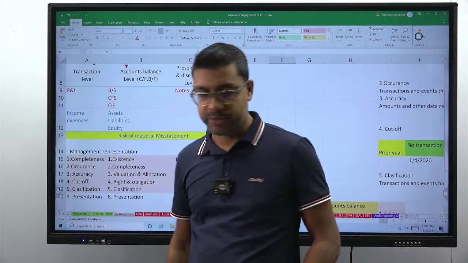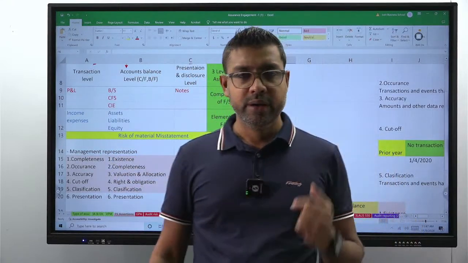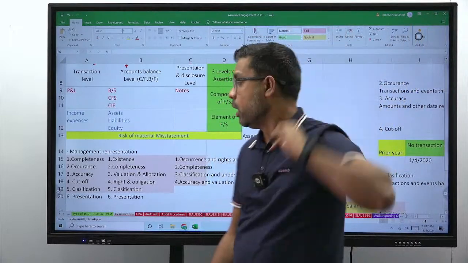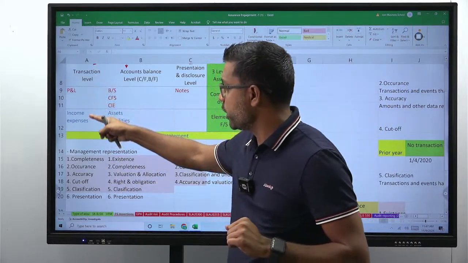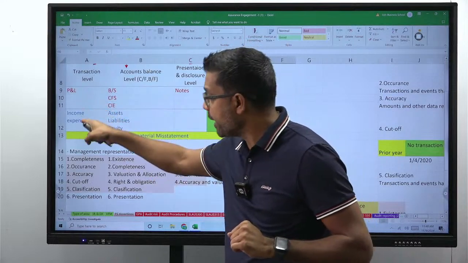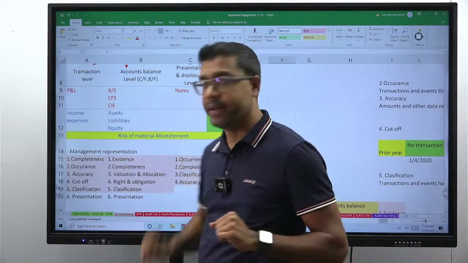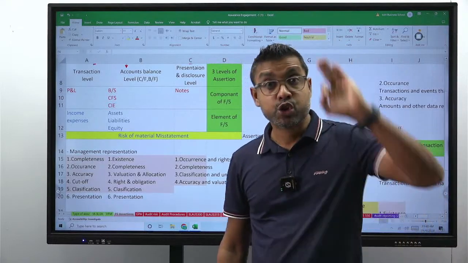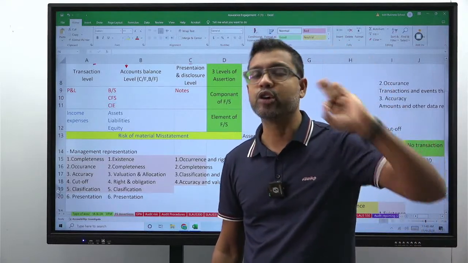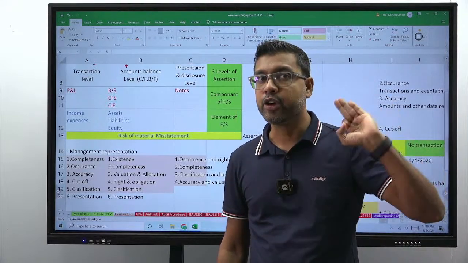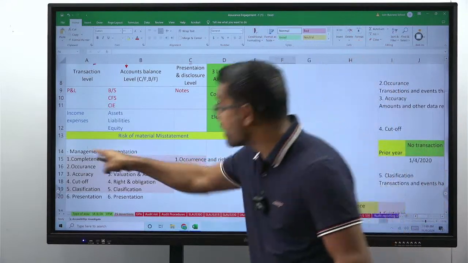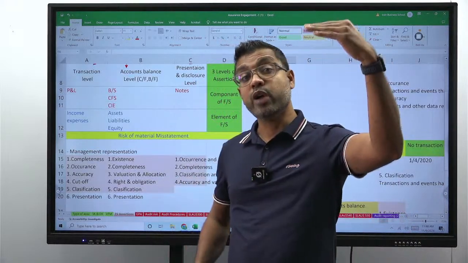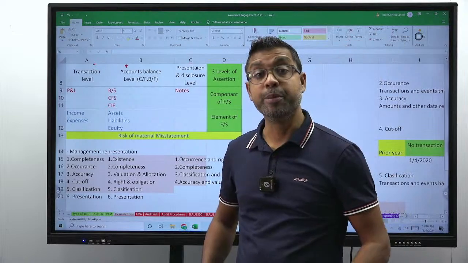Let's take completeness. Management is telling the auditor, look here auditor, all the transactions reported in P&L, meaning income and expenses, are complete. Complete means all the transactions that should have been recorded have been recorded.